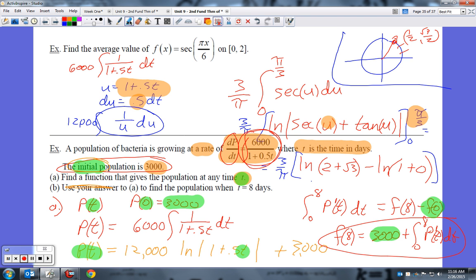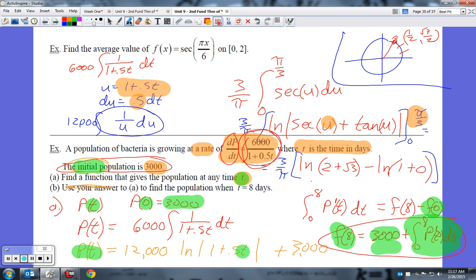So there's your initial value. This is the displacement that occurred over 8 minutes of time, which will yield your final value. If that didn't help you solidify the first fundamental theorem, go back and revisit it because it's everywhere.